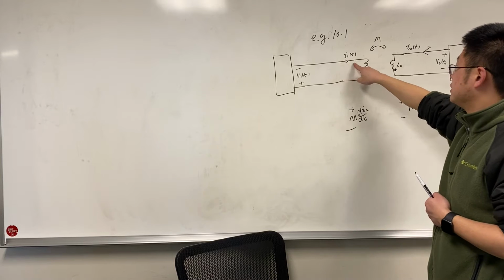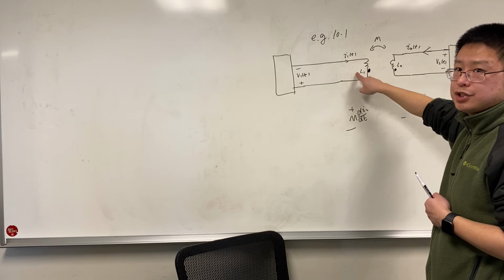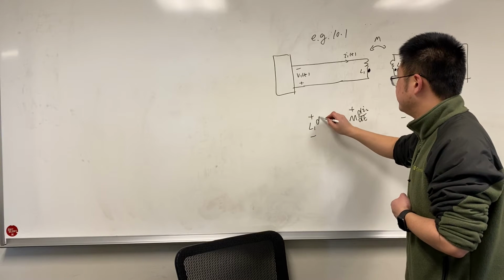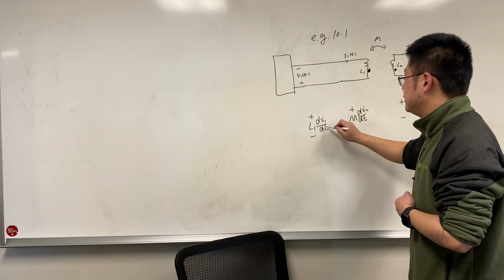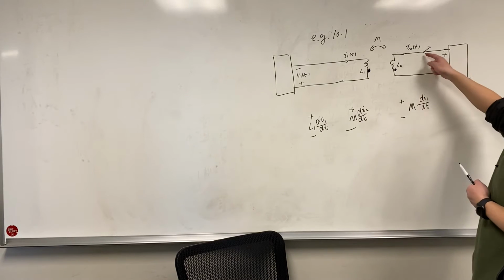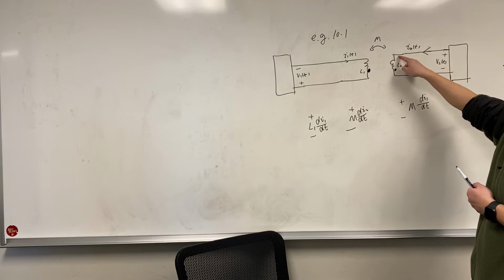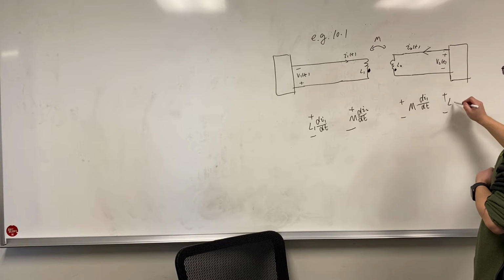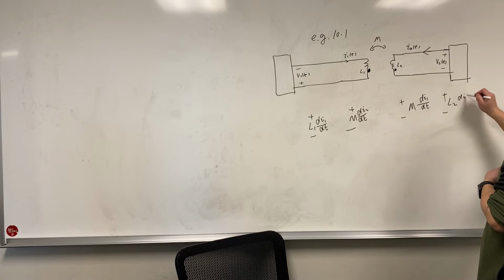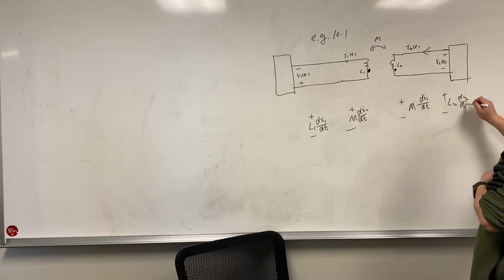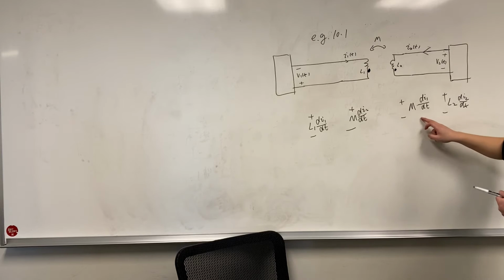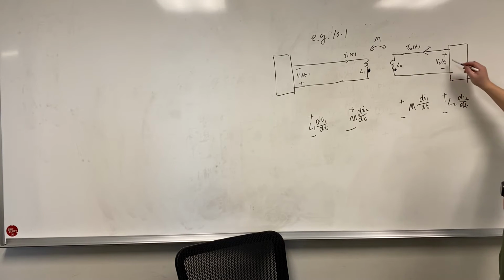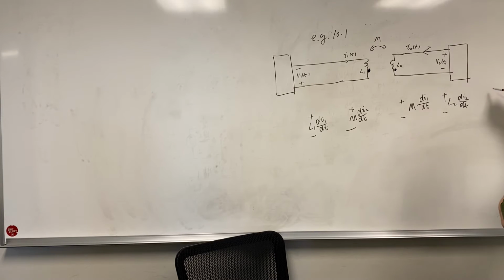The current is entering, so it will generate the voltage L1 di1/dt, right? And also this current I2 will generate a voltage L2 di2/dt.